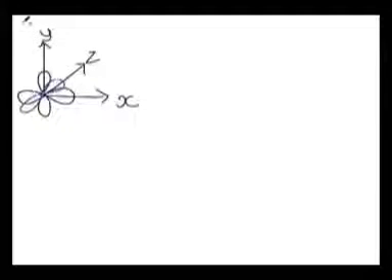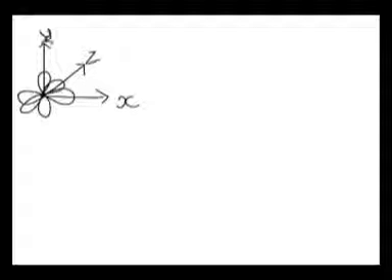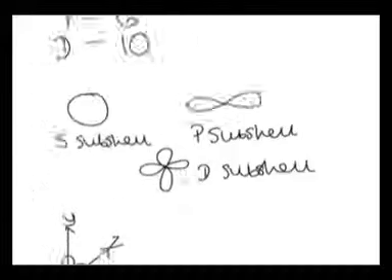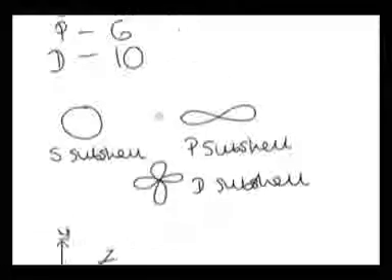I mean, that's an awful picture, but I think it gives you the idea. So now you can see that you would need 3 of the P subshell orbitals to fulfill the maximum of 6 that we talked about earlier.